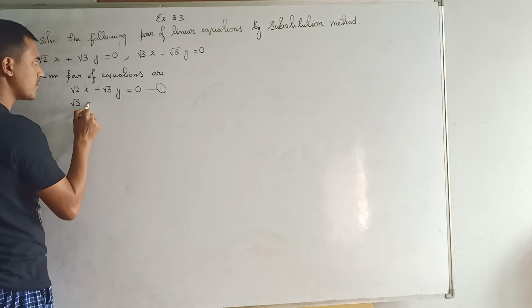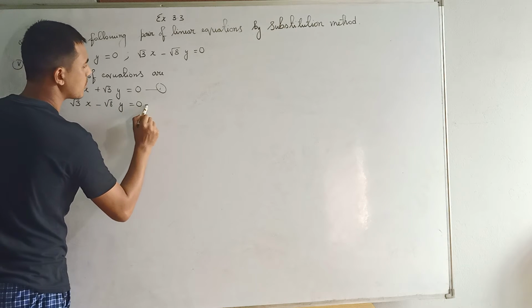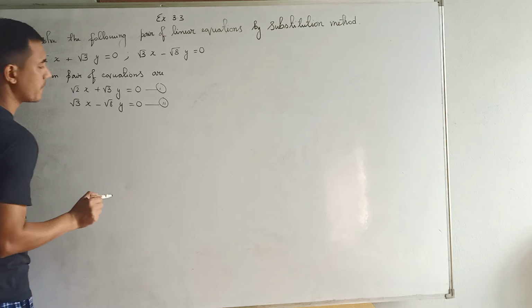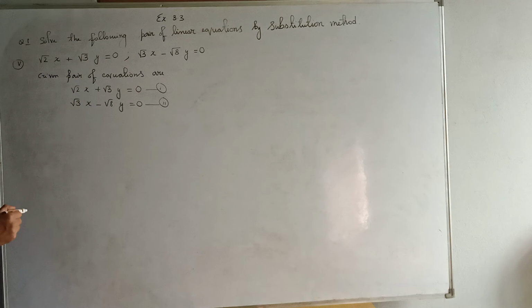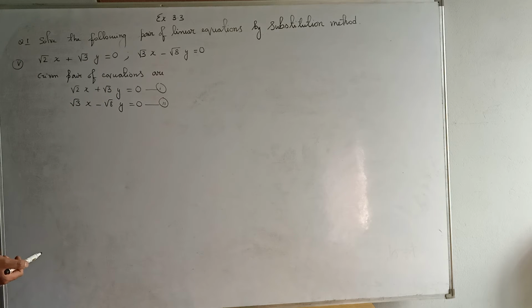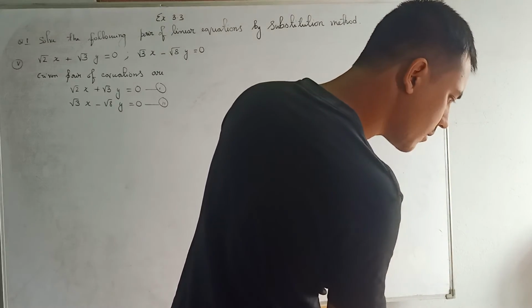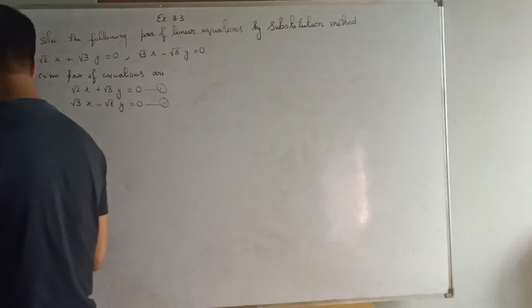Square root of 3 times x minus square root of 8 times y is equal to 0. Equation 2. Now both the constants are 0. No problem.